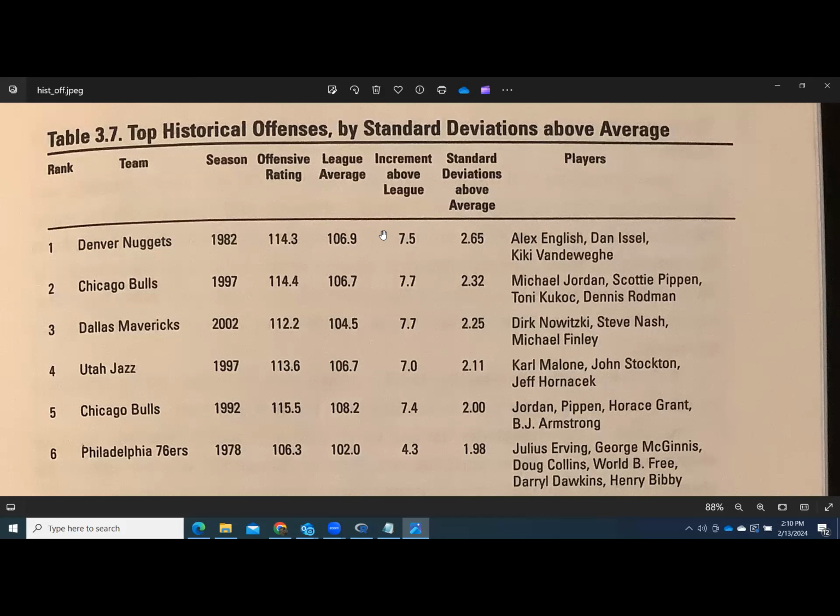Let me do that and see if it works. 7.5 divided by 2.65, 2.83. So 2.83 is one standard deviation.